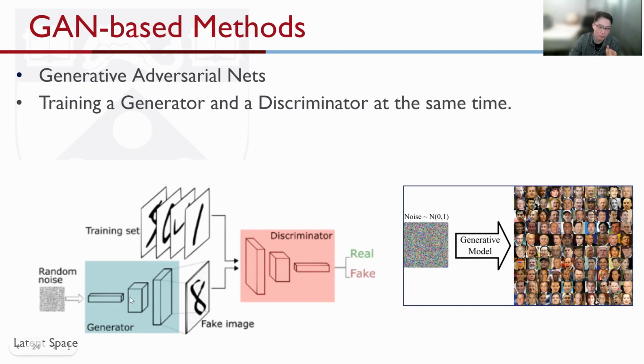So the purpose of the generator is to generate an image that tries to fool the discriminator, and the purpose of the discriminator is to compete with the generator by showing that, okay, even if the fake image is perfect, I'm still able to tell you're fake. And you have a loss function over here and a loss function over here as well. And you can train the two networks together. So these are used when people generate these fake faces, which we all know, right?